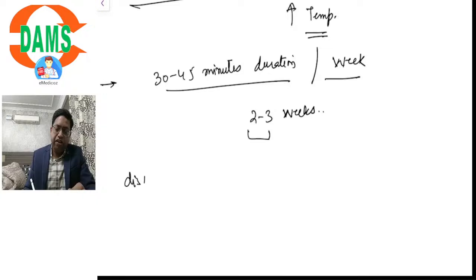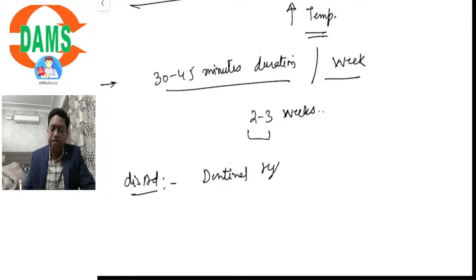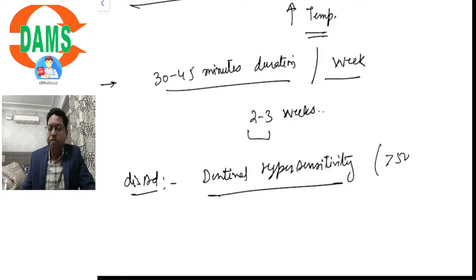What is the disadvantage of vital bleaching? One of the most frequent disadvantages is dentinal hypersensitivity, reported in greater than 50% of cases.